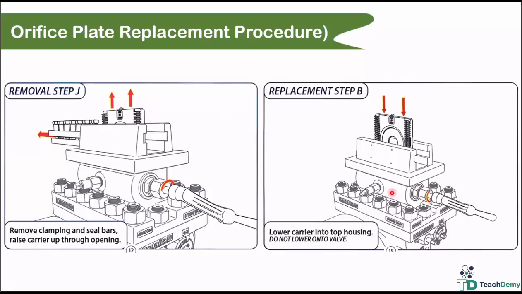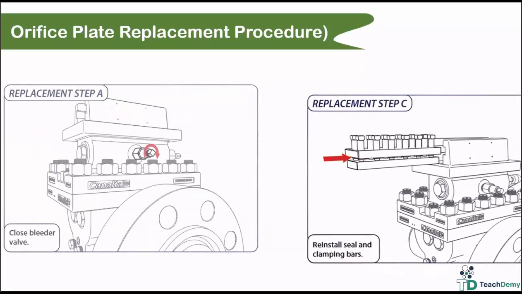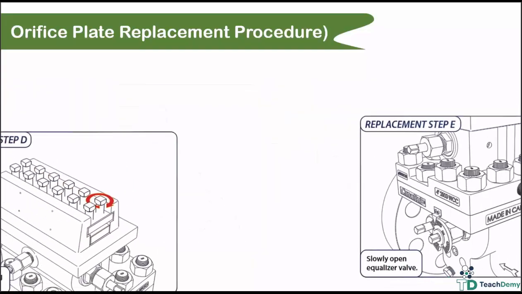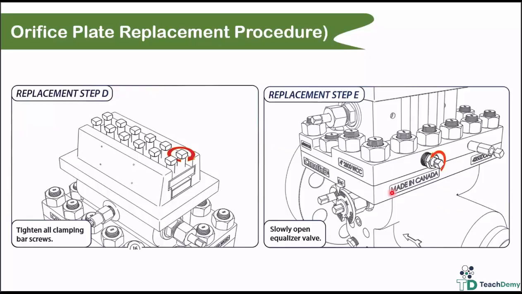To place a new orifice back at the bottom, we first close the bleeder valve and then put the top seal of the Daniel orifice in place, securing the bolts. Then we open the equalizer valve and open the sliding door arm, and we rotate the upper carrier arm to lower the orifice until the lower carrier arm starts to move.